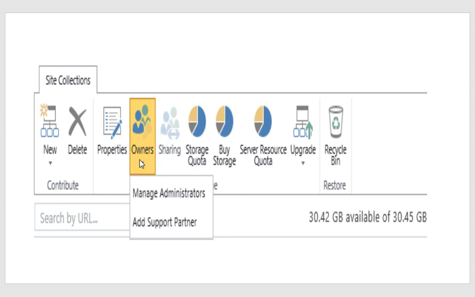If you click on this owners option, you have two options. You can manage administrators, or you can add a support partner. A support partner is basically for someone outside the company to whom you want to delegate some kind of permission.